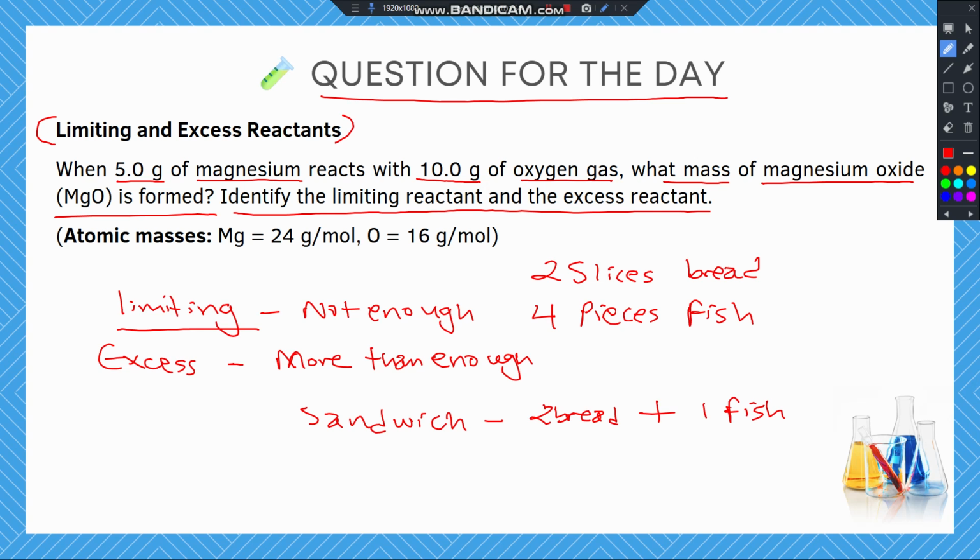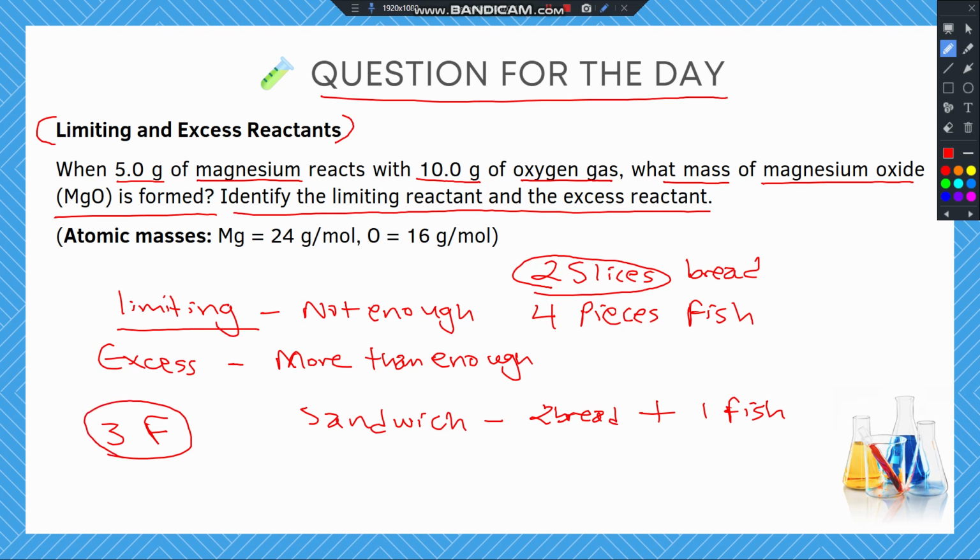How many pieces of bread would you have left after making the first sandwich? None, because you would have used these 2 slices completely to make 1 sandwich. However, you will have 3 pieces of fish left because the fish is more than enough.